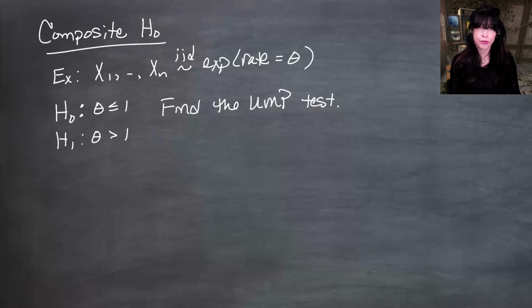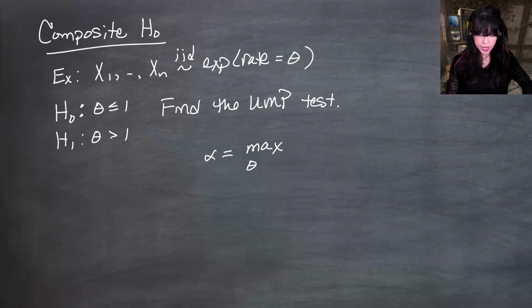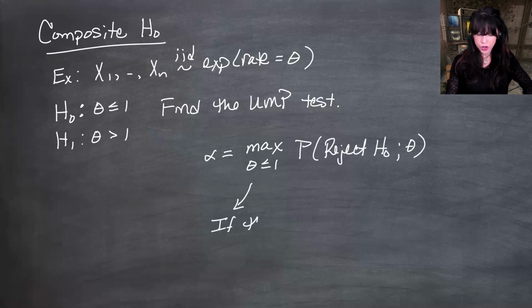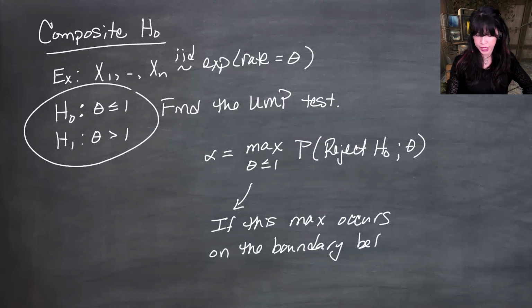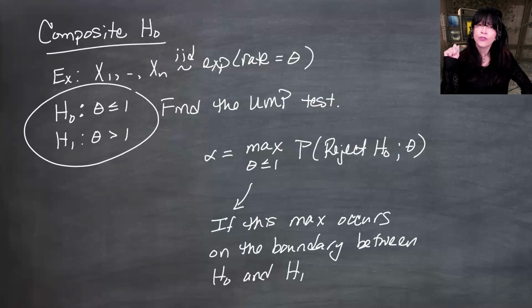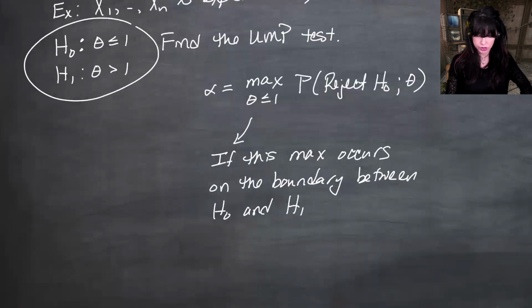But you can trace through that proof and see that if the maximum you have to compute, so the maximum over all theta less than or equal to 1 of the probability that we reject the null hypothesis when the parameter is theta, occurs on the boundary between the null hypothesis and the alternate hypothesis, you can trace through our proof and see that it will still hold.